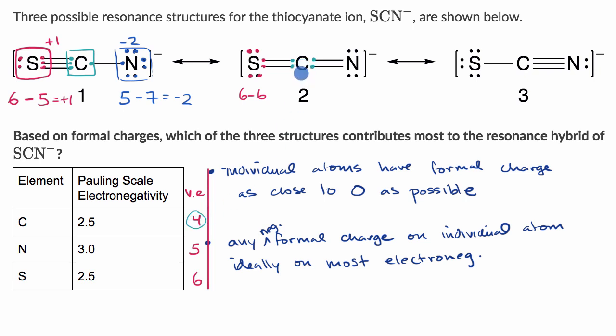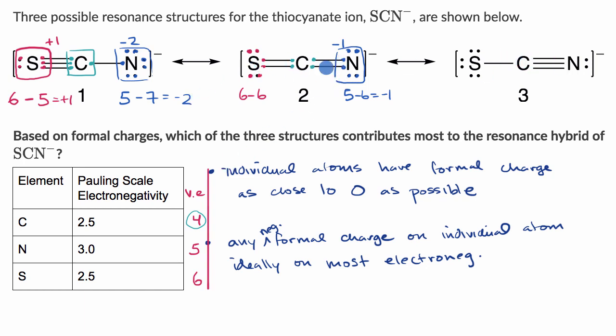So once again, 4 minus 4, we have no formal charge there. And then we move on to the nitrogen. We have 1, 2, 3, 4, 5, 6 outer electrons hanging out. Nitrogen would typically have 5. 5 minus 6, we have 1 extra electron hanging out, which gives us a -1 formal charge on the nitrogen in this resonance structure.